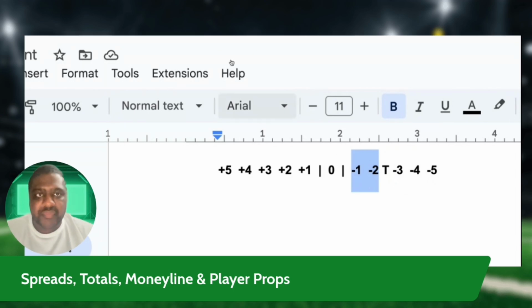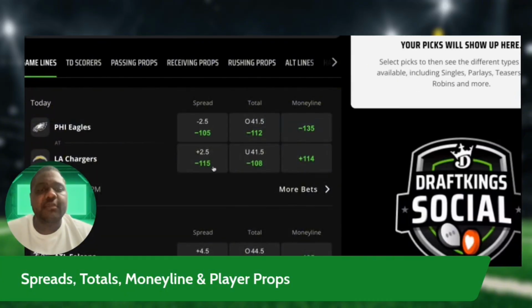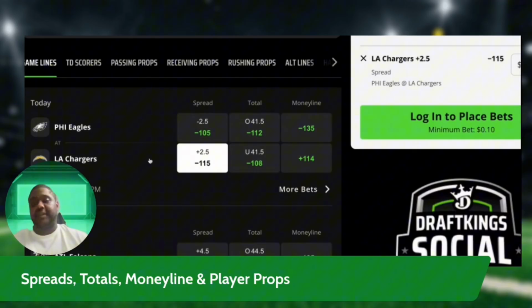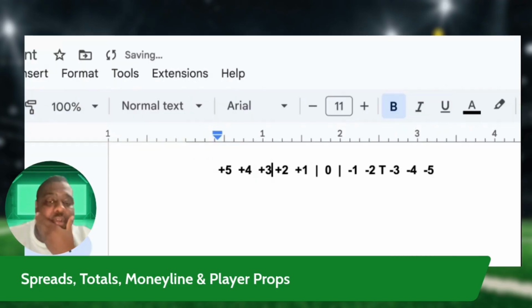Now, let's go back to DraftKings. Let's say we believe the Chargers keep the game close. Let's say we want to take the Chargers plus 2.5. So, let's go to the number line right here, right? They have the Chargers plus 2.5. That is right here to the left.